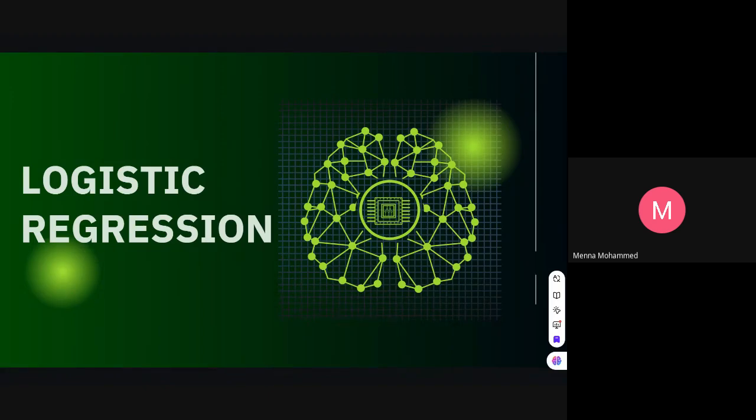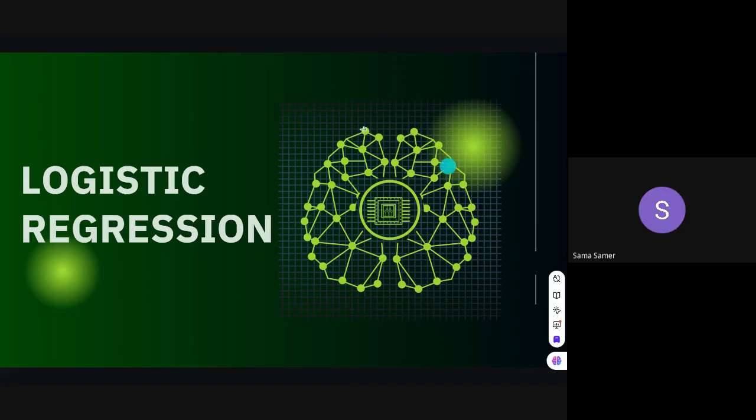And the logistic indicates the logarithm or the logistic function. It acts like a threshold: the result of this line will be fit into the logistic function, which acts like a threshold to define which class it belongs to. Perfect. Thanks. I'm trying to make a relation between the name and the model or the topic we are dealing with.